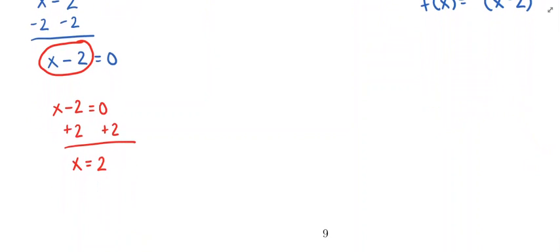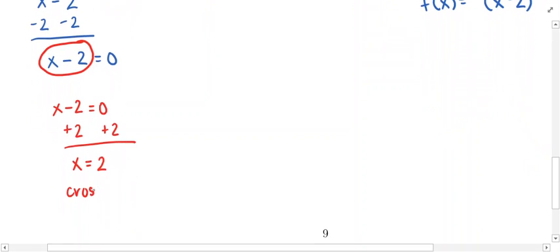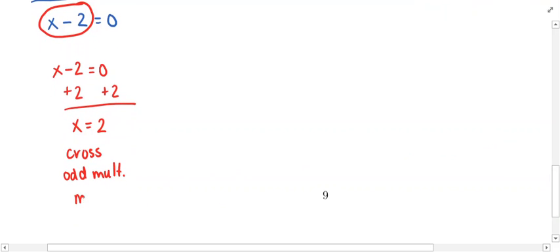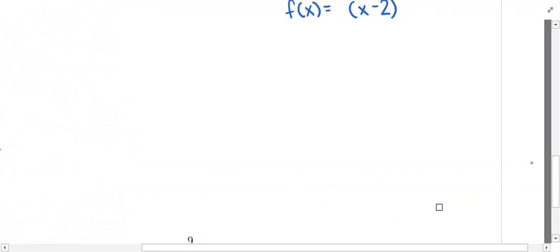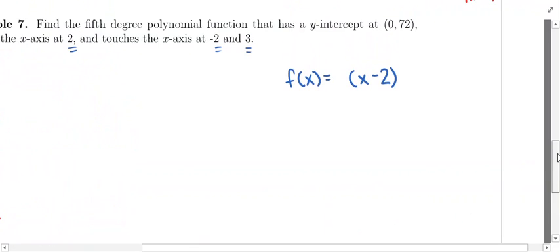Since we cross here, that's going to be an odd multiplicity. And we're going to keep our function as simple as possible, so we'll just stick with a multiplicity of 1. That means x minus 2 will appear in the factorization just one time. There won't be a square on it or anything like that.